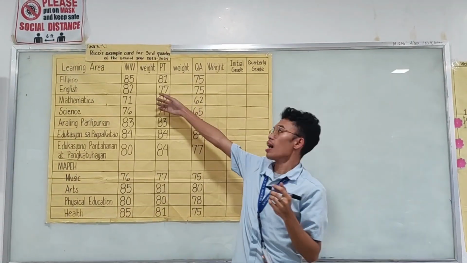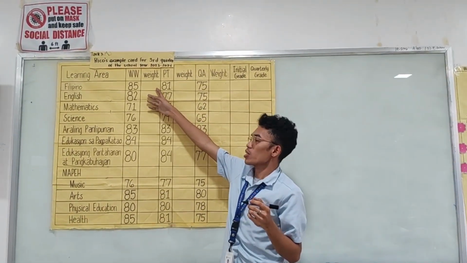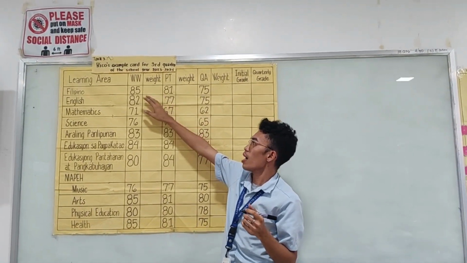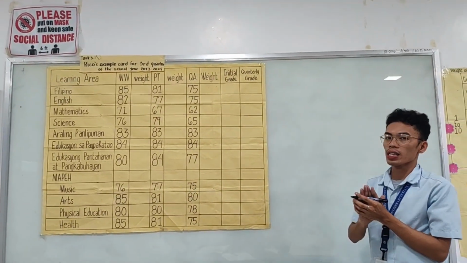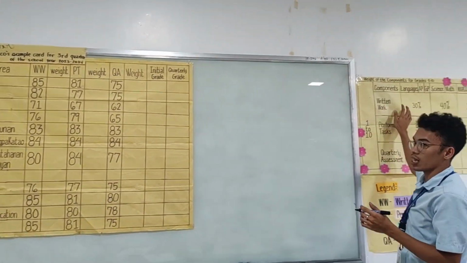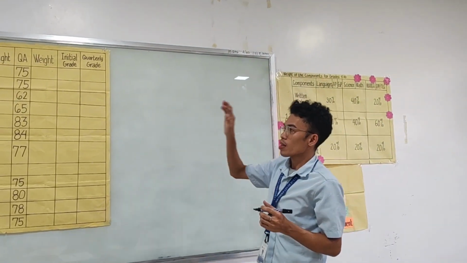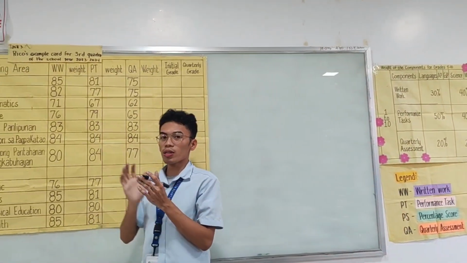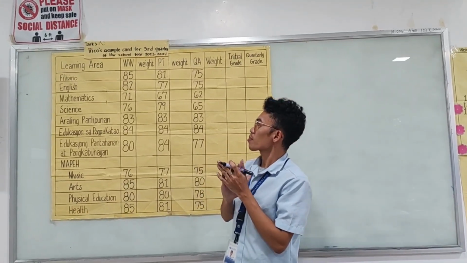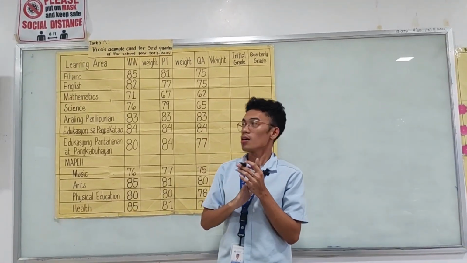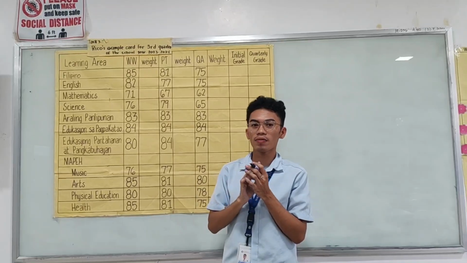So to compute the weighted score, first, we need to know the weight of the component in the Filipino subject. In the Filipino subject, the weight of written work is 30%. So to get the weighted score, we need to multiply the total score by the weight of the component.